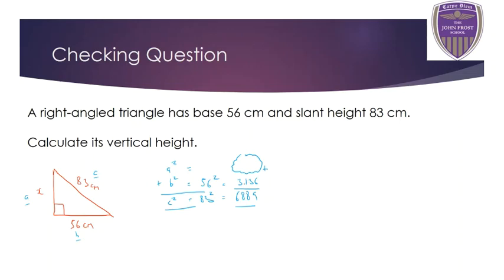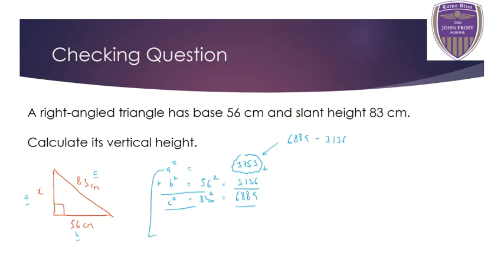Something add 3,136 equals 6,889. I think the quickest way you could work this out is to do 6,889 take away 3,136. That's what I would do. If you do that, you get 3,753. So a squared is 3,753.